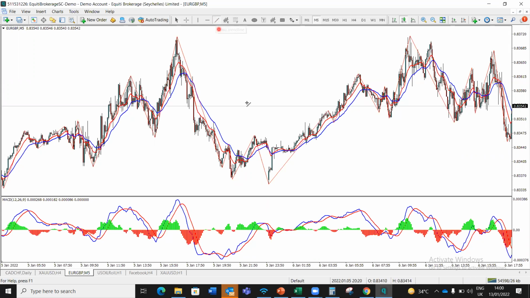For instance, here we have a swing point, and here we have a swing point. Let's assume we found a good sell opportunity here with this swing point because there is a bearish engulfing pattern I can see here.